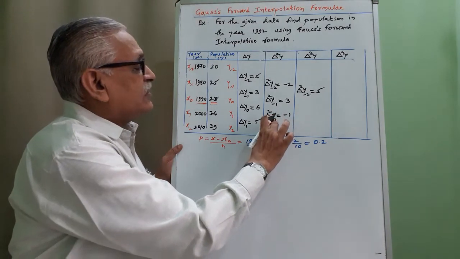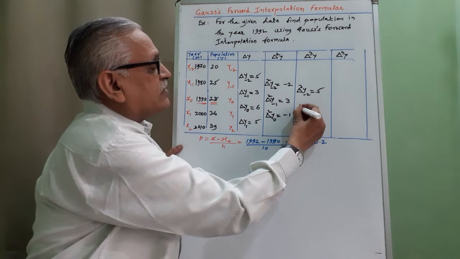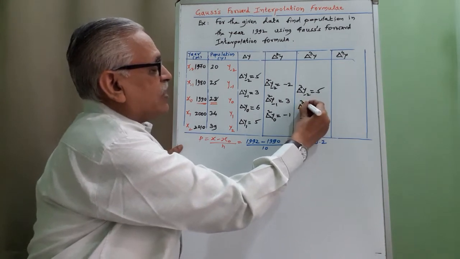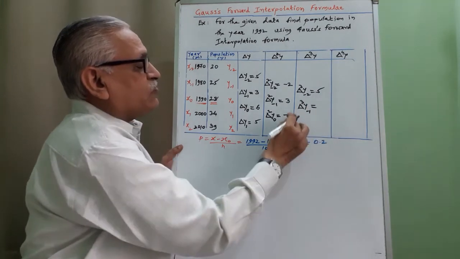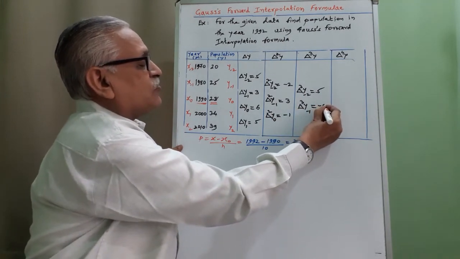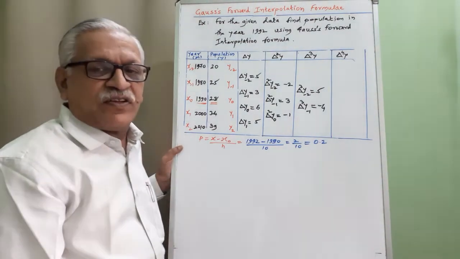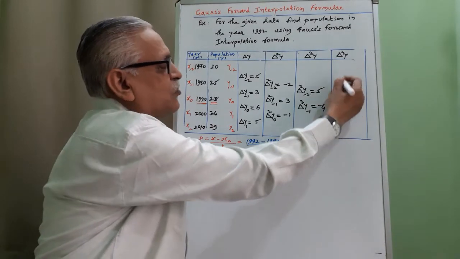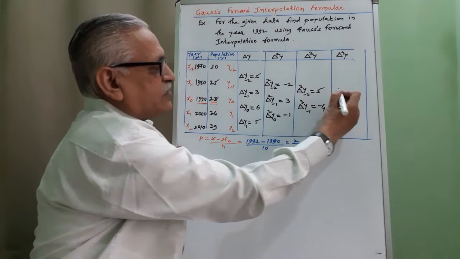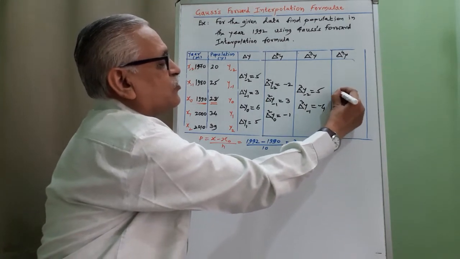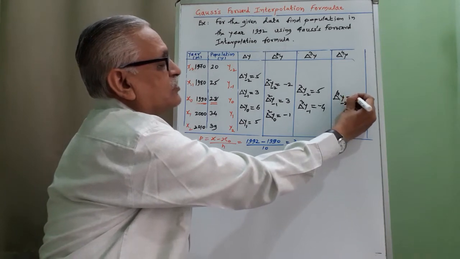Next, del square y0 minus del square y minus 1 as del cube y minus 1, and that is equal to minus 1 minus 3, we get minus 4. This is the third order forward difference. Differences of this, we get fourth order difference as del cube y minus 1 minus del cube y minus 2 as del raised to 4 y minus 2, and that is equal to minus 9.